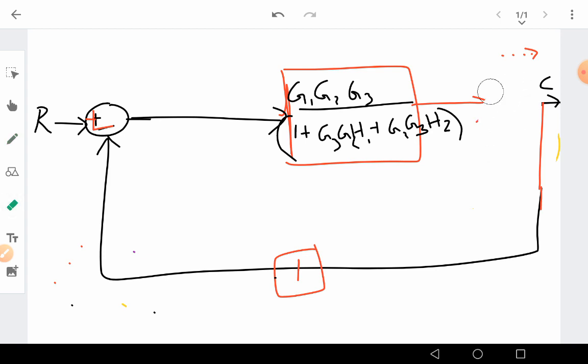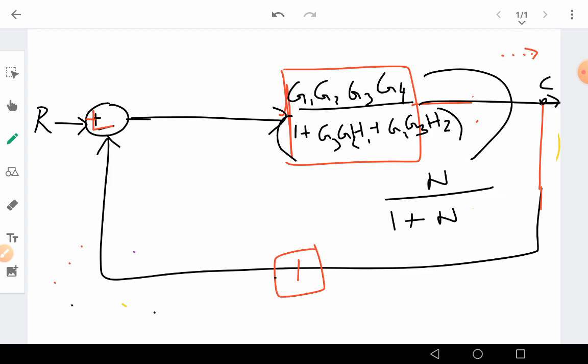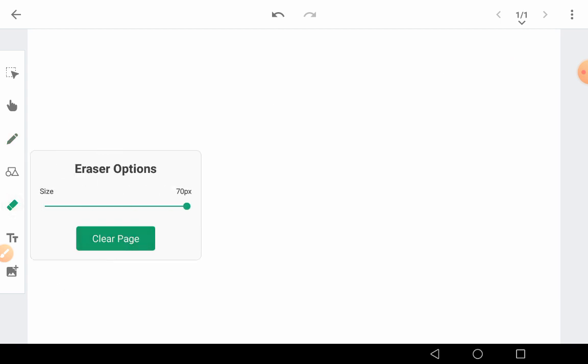Now we have a feedback loop of gain 1. So we have a numerator divided by 1 plus the numerator, and we will have the overall transfer function in the end.